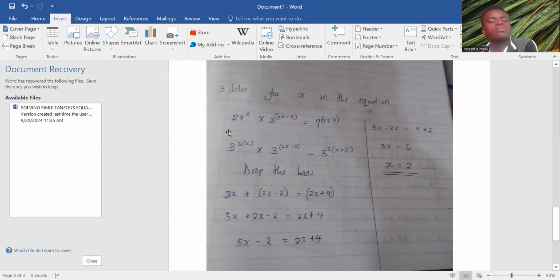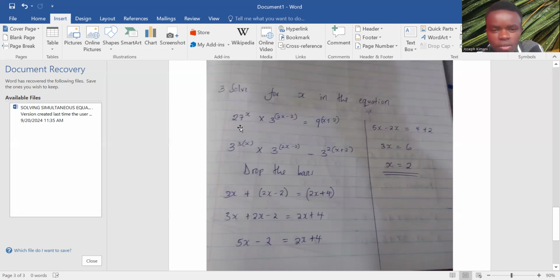So now, whatever they want you to understand in this type of question, they want to know whether you can remember something you did in Form 1 called prime factorization. They just want you to know whether you can express a number in form of its prime factors. Now, in this case, I have 27 raised to x, and I already read the question.